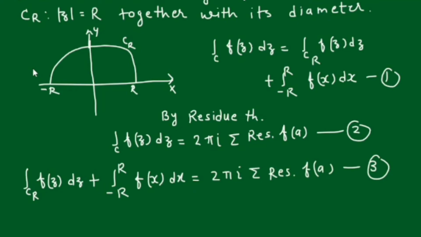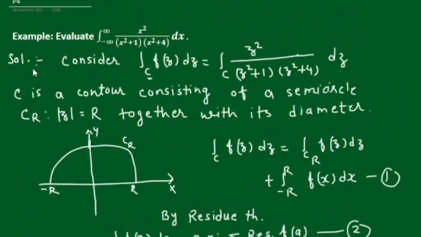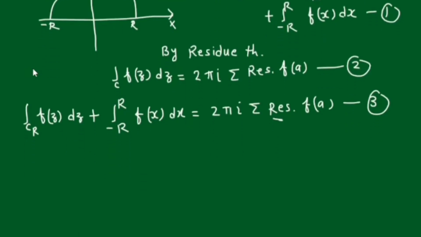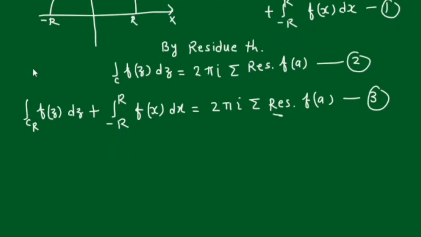Now we find the residues of the given integrand. For the residues, we find the poles. To find the poles, we equate the denominator to 0. To make it clearer, you can watch my videos on poles and residues. So we equate z squared plus 1 equal to 0 and z squared plus 4 equal to 0.